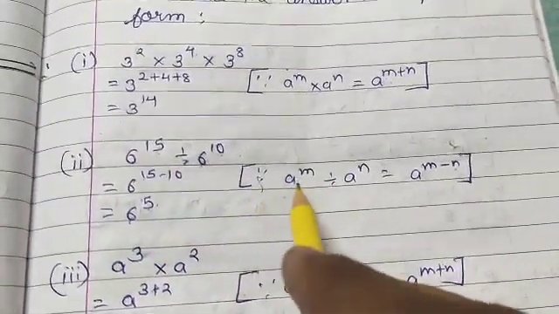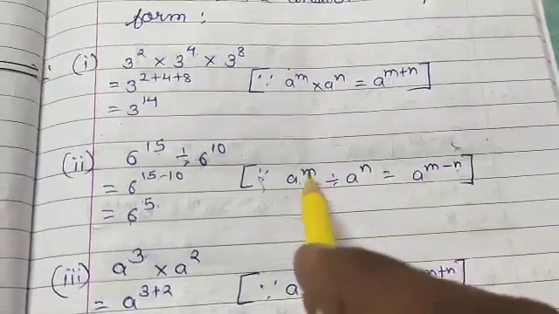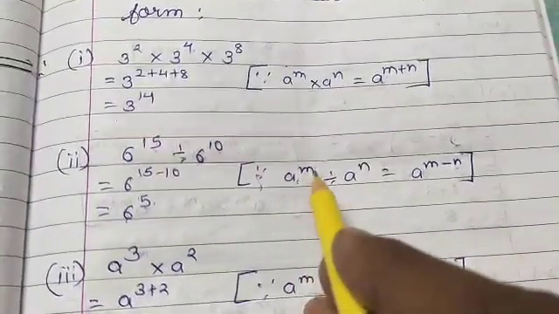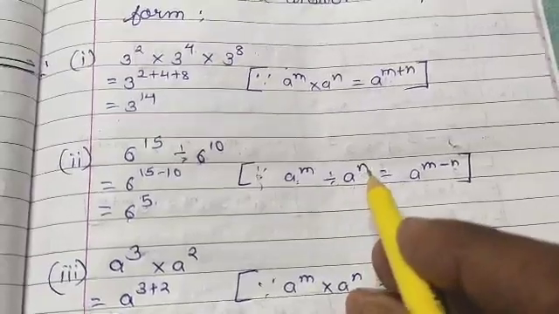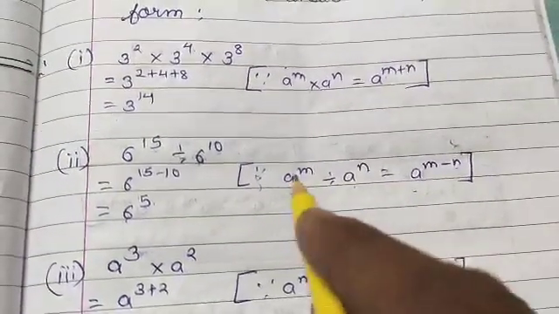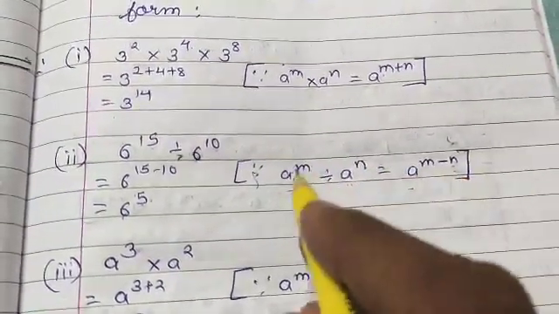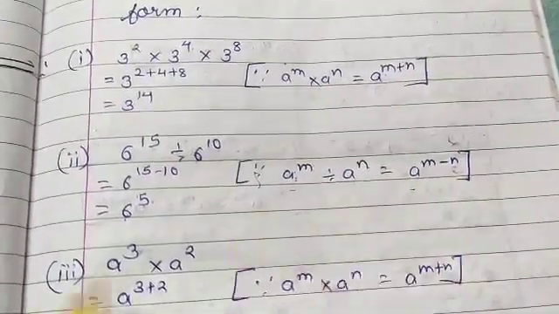Because you can write a raised to the power m divided by a raised to the power n, where a is common, as a raised to m minus n, in which the value of m is greater than the value of n.